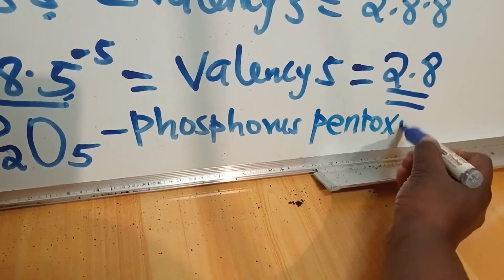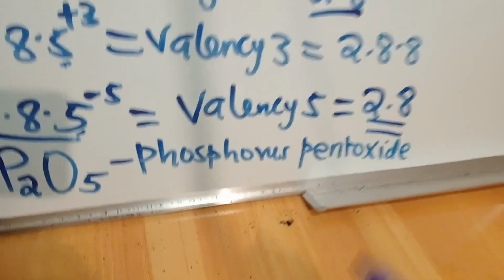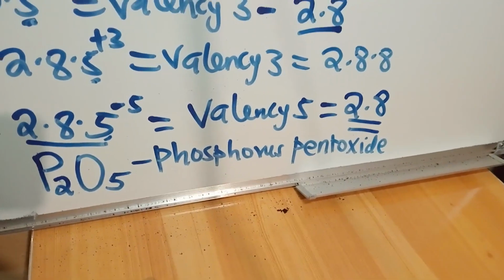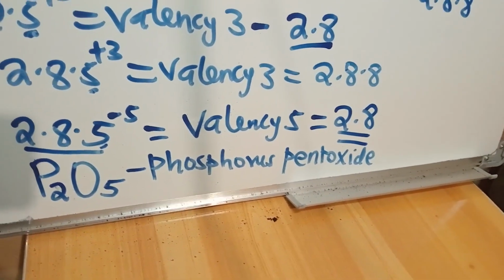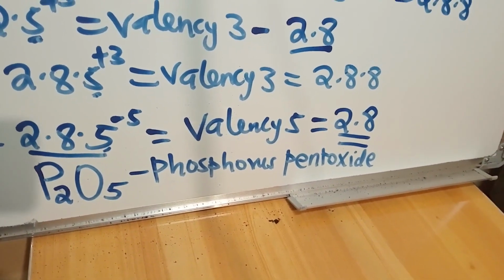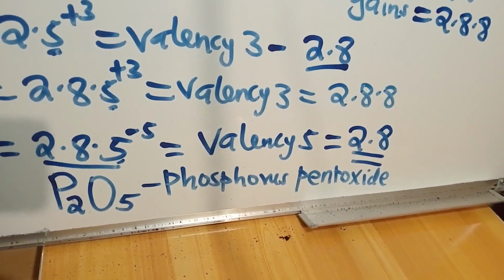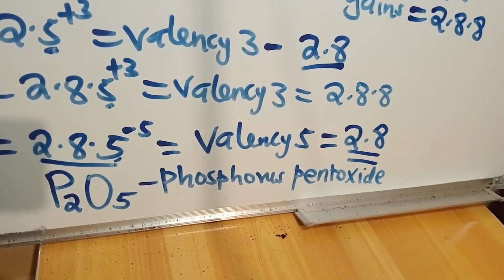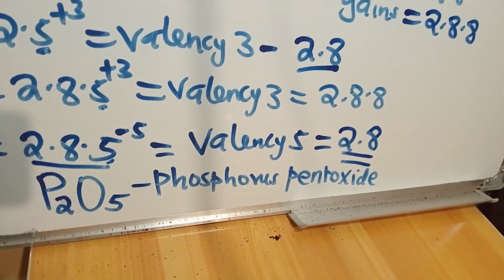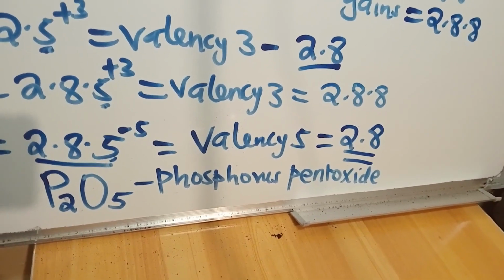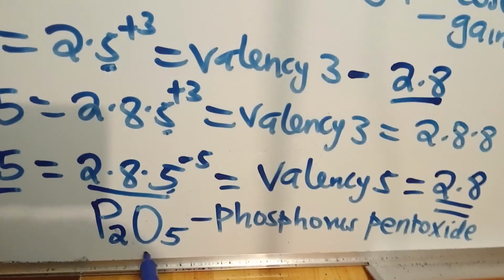Pentoxide is a short name for pentaoxide. So pent comes from the word penta. It is supposed to be phosphorus pentaoxide, but in the short form pentoxide, meaning that in this formula we have 5 oxygen.